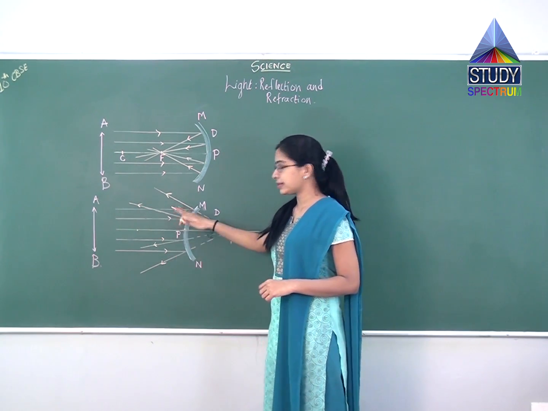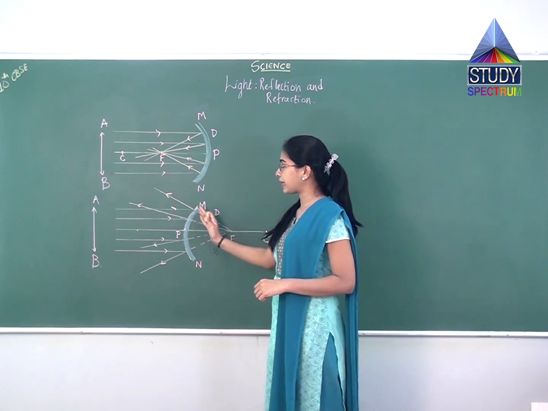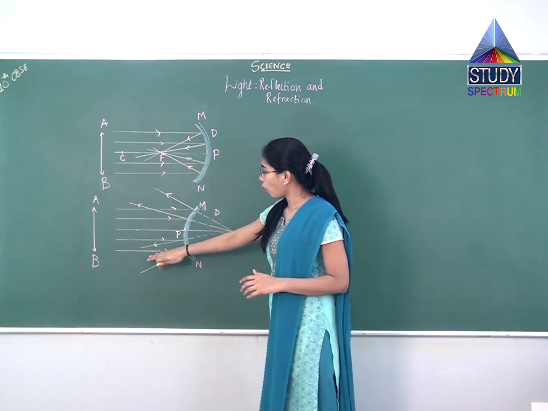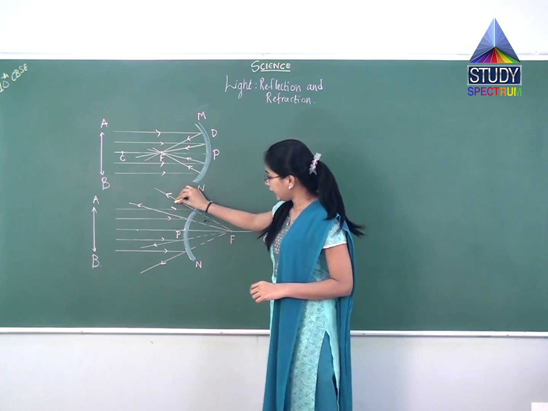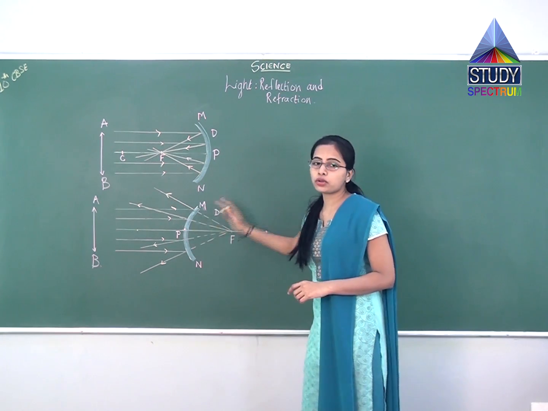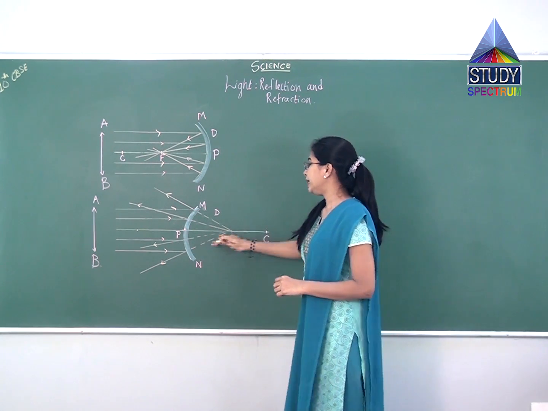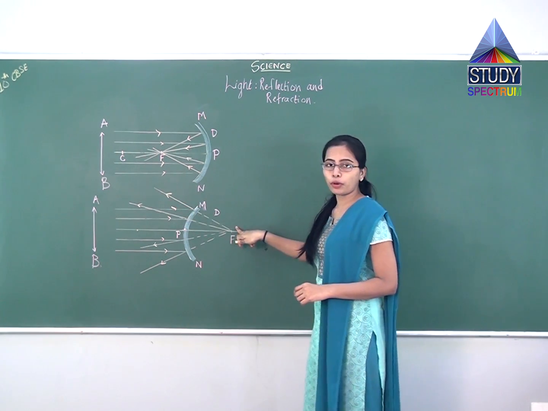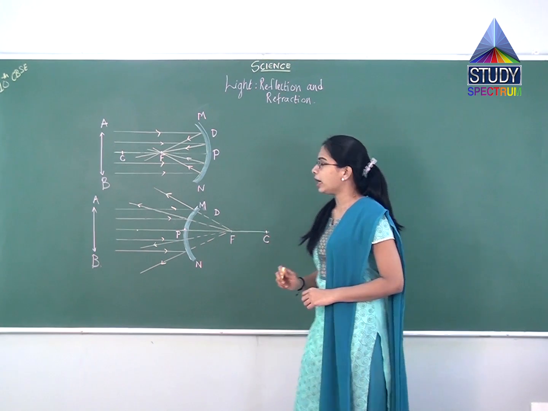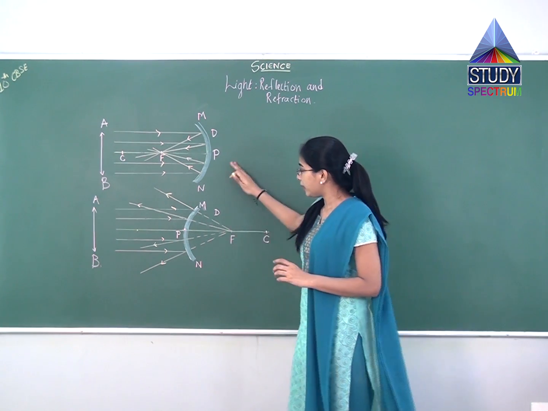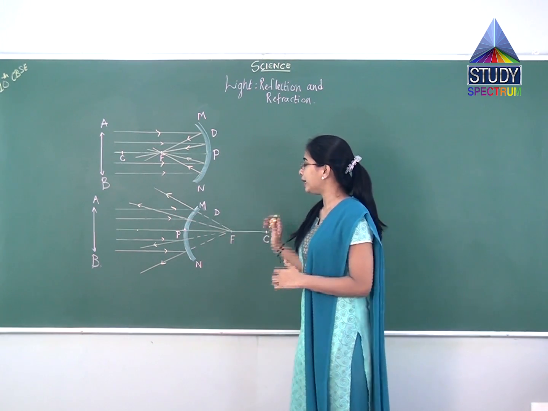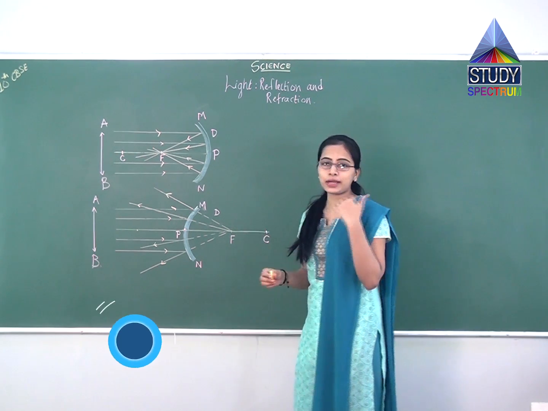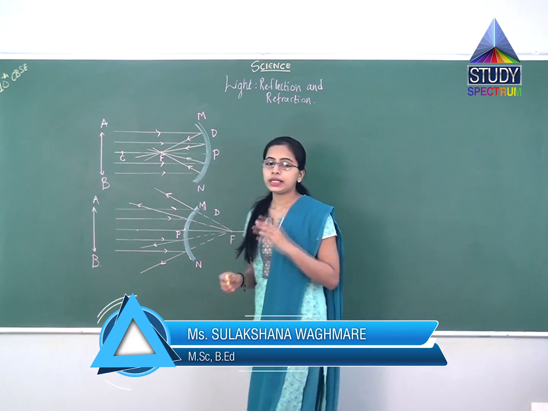A beam of parallel rays is incident and gets reflected, but if we extend the reflected rays towards the other side of the mirror, it seems that all are emerging from a single point, that is F. Now you can see here are some points. I named those points. Now we will see which are those points and what those are called.